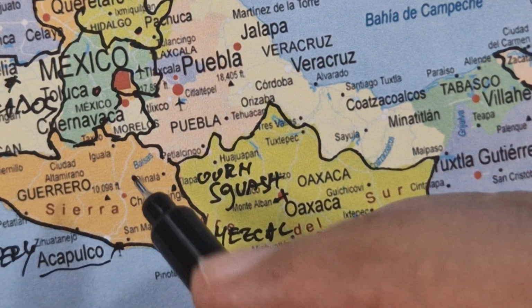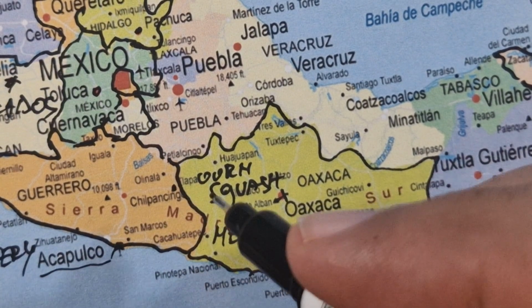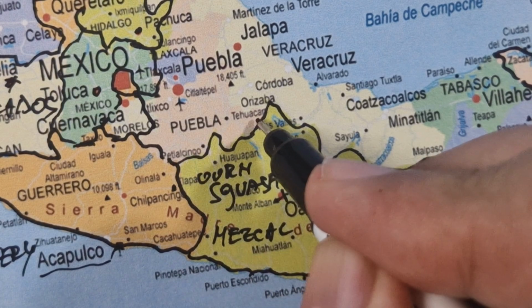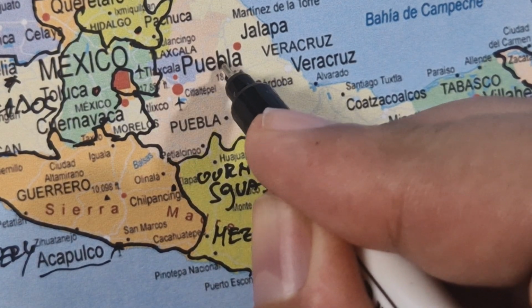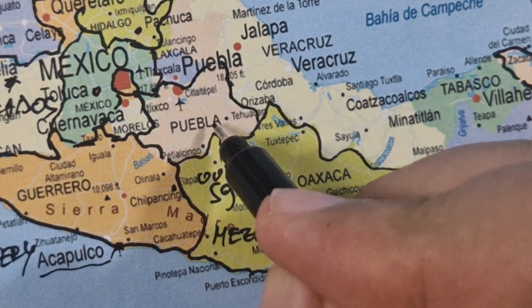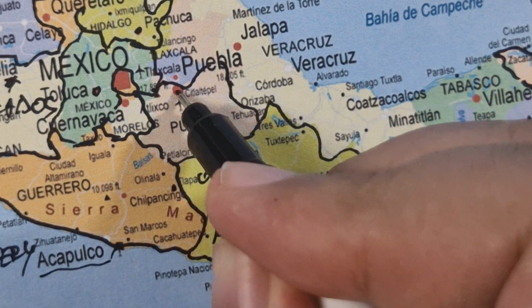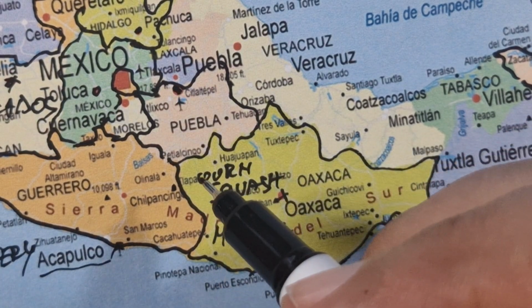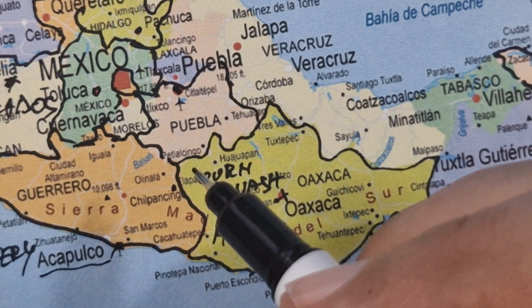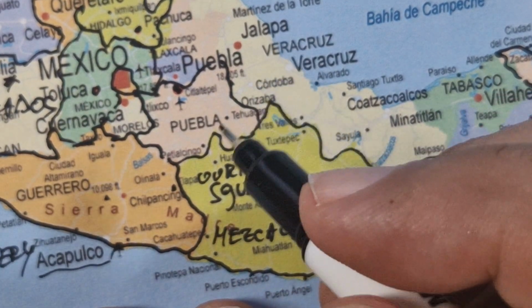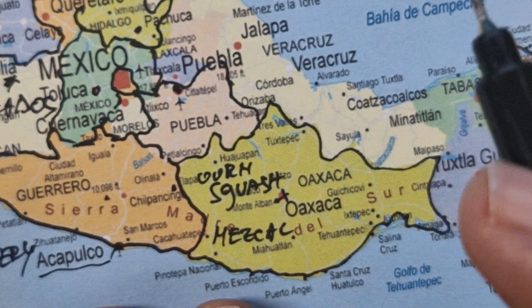Okay, we're gonna stay in the area. We have Puebla, the next state. The state of Puebla, and the capital is Puebla, here. Among Mexicans, it's known for its delicious food, beautiful churches, and rich cultural scene.